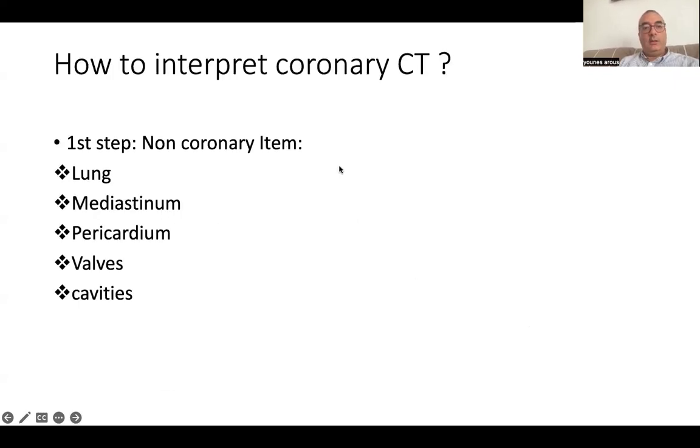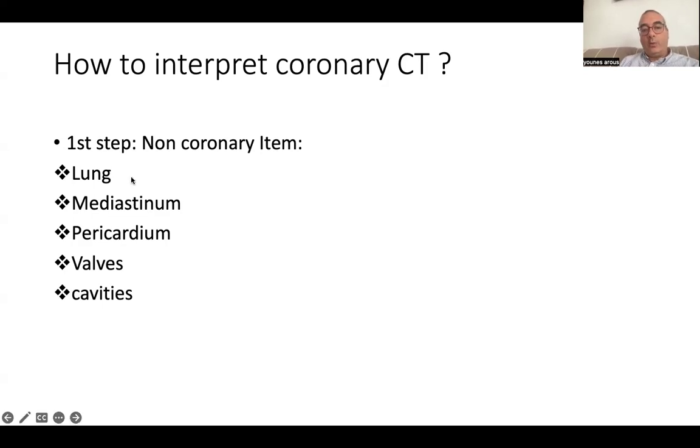And now we will see how to interpret coronary CT. In our institution, we think that the first step should always be to assess the non-coronary items, such as lung, mediastinum, pericardium, valves, and cardiac cavities.